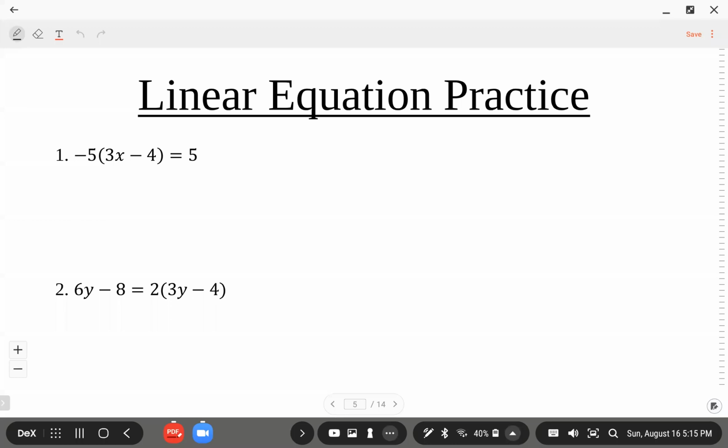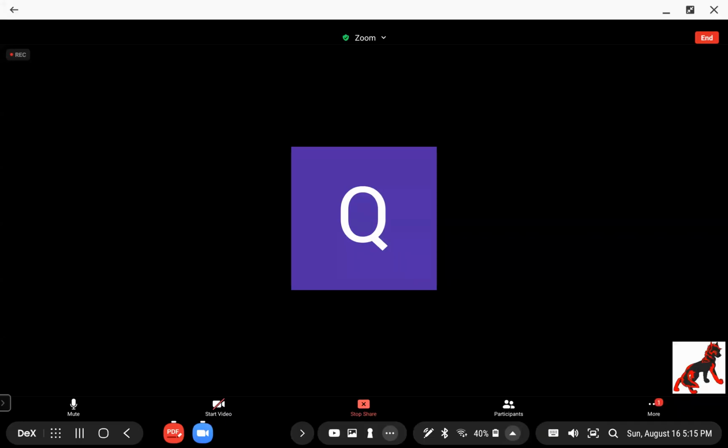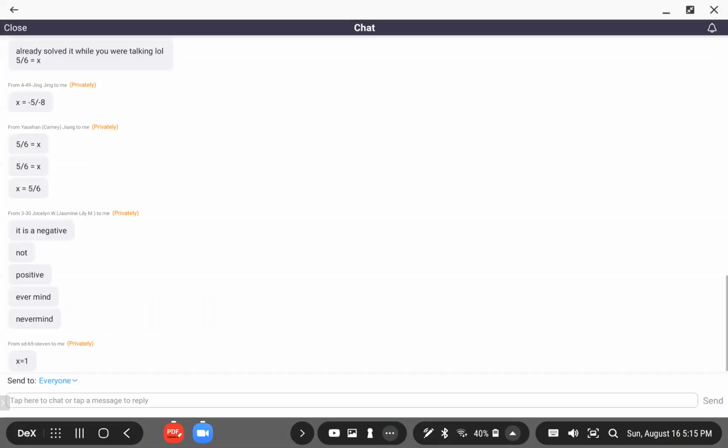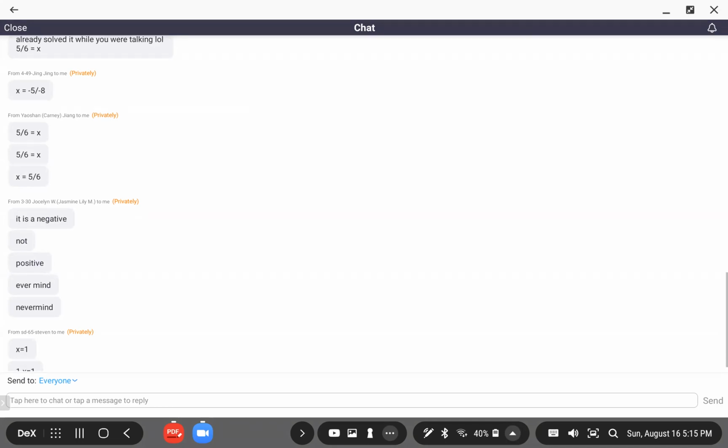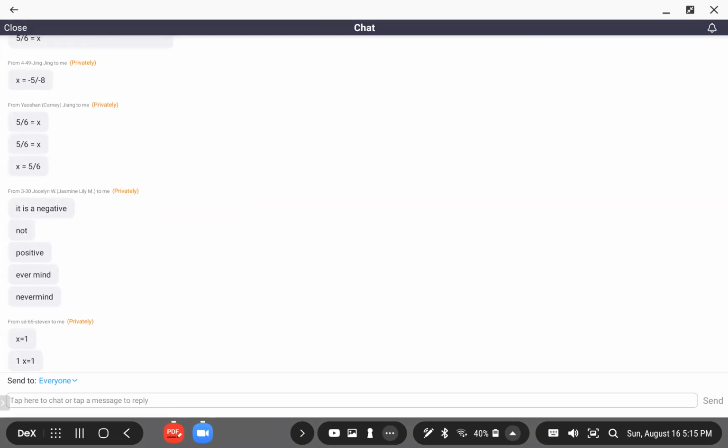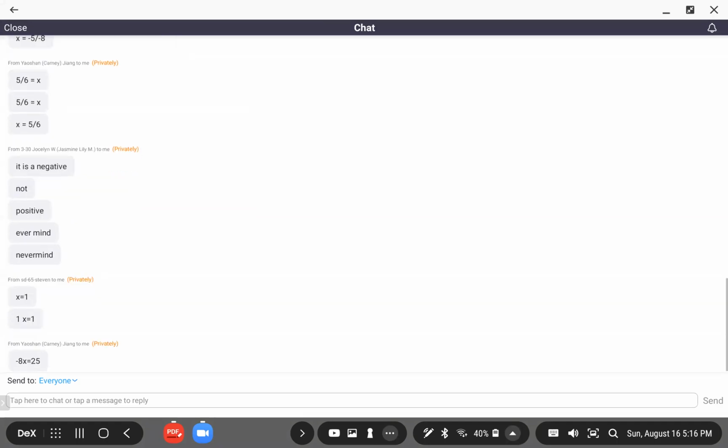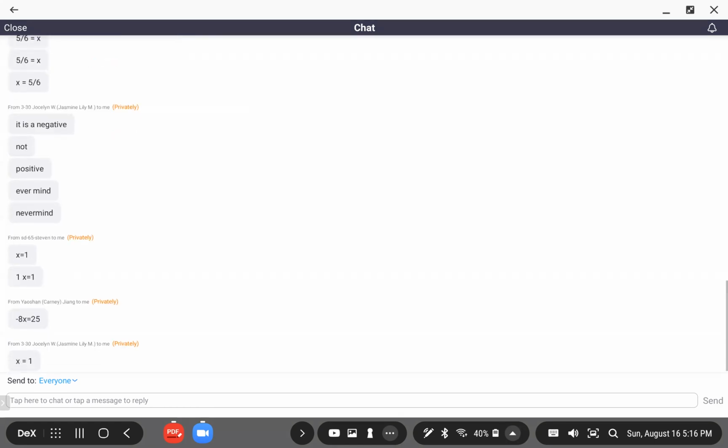Okay, so please try to solve this. Steven says x equals 1. Okay. Any more answers? Okay, very quick work, Steven. And then Carney says -8x equals 25.